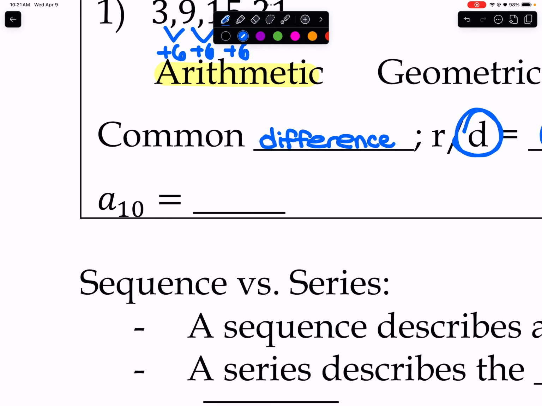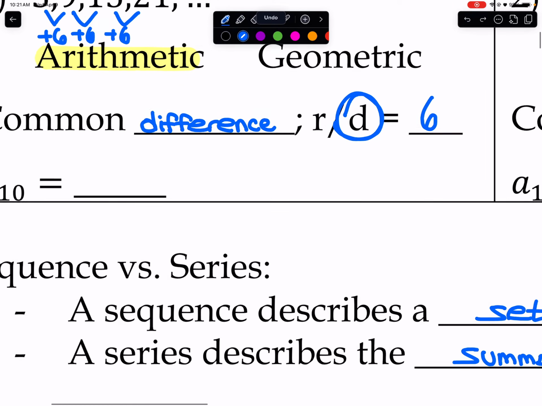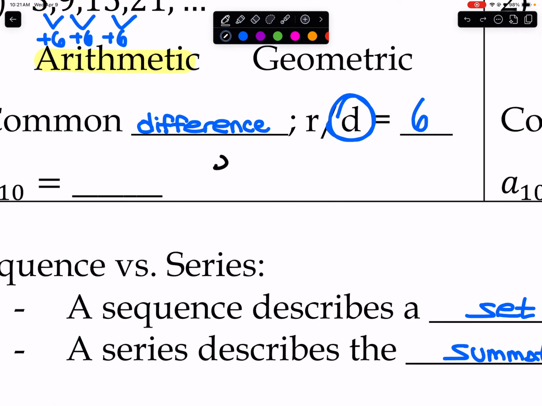Down here, we want to evaluate the 10th term. Whatever number is in the subscript of your A tells you the term you need to find. I'm going to use the explicit form. I want to find a sub 10, the 10th term. I need the value of the first term, plus the term number minus 1, times the common difference.